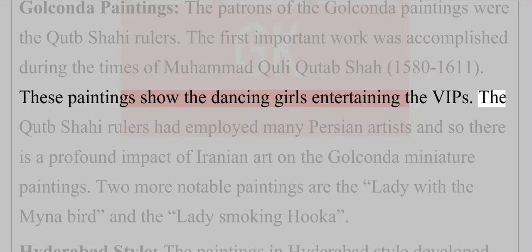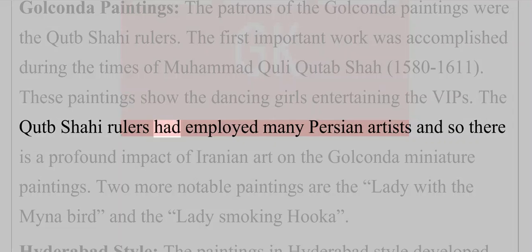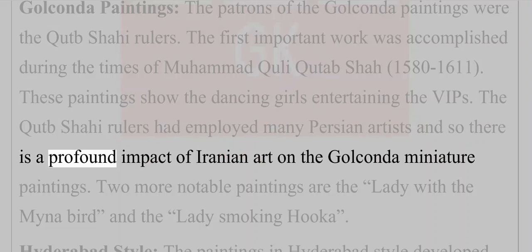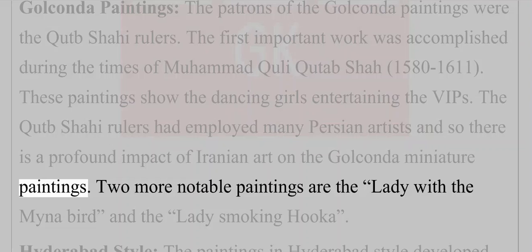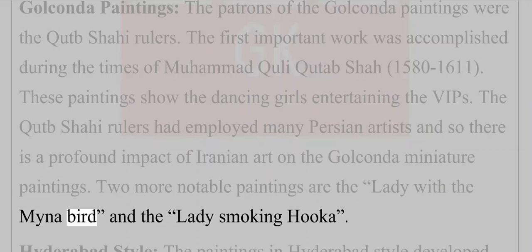The Qutb Shahi rulers had employed many Persian artists, and so there is a profound impact of Iranian art on the Golconda miniature paintings. Two more notable paintings are The Lady with the Mynah Bird and The Lady Smoking Hookah.